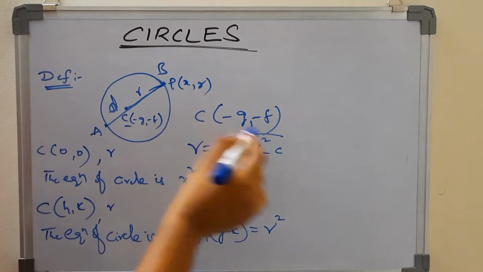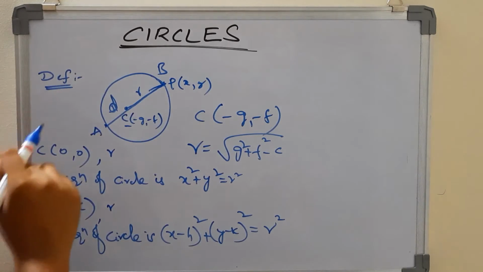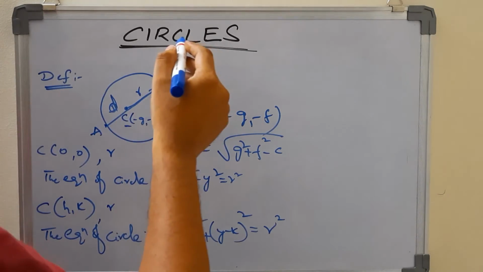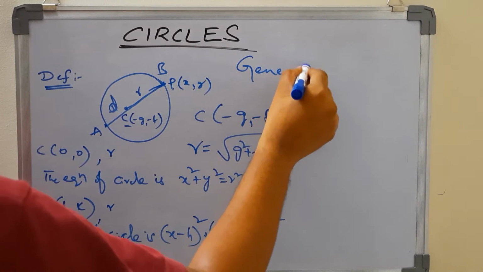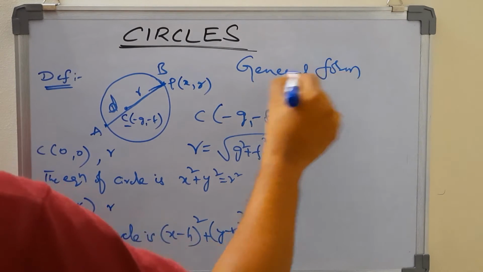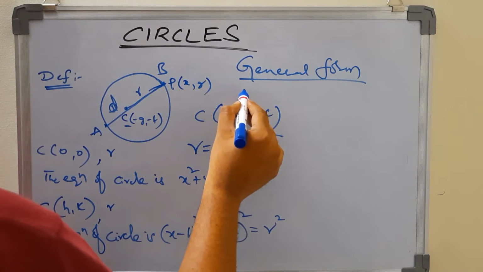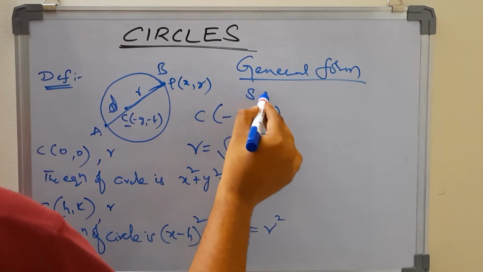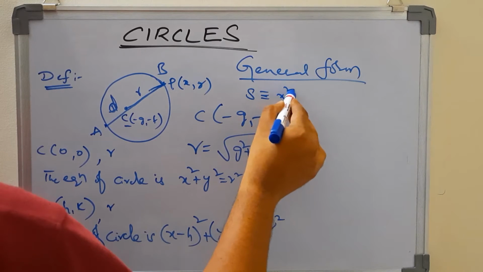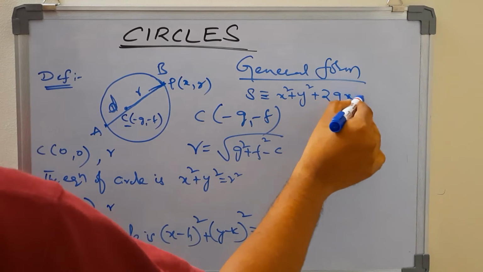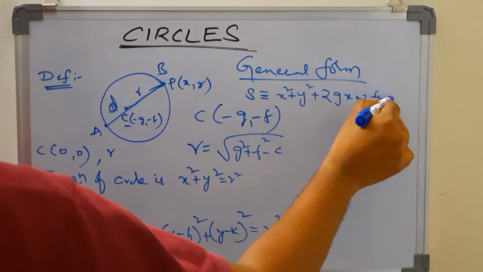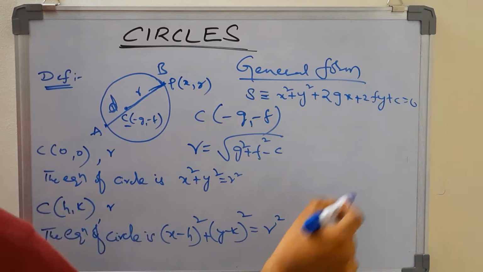Okay, what is c here? First of all, you have to know the equation of this circle in general form. General form for circle is, we can notate this as S: x square plus y square plus 2gx plus 2fy plus c is equals to 0.